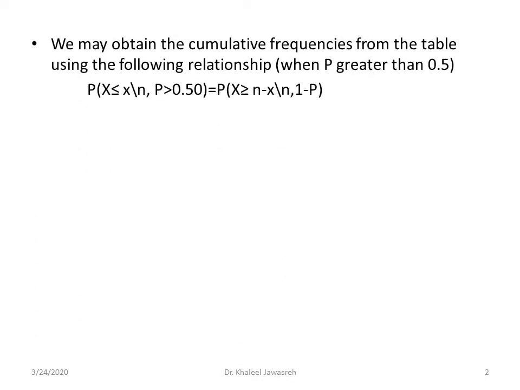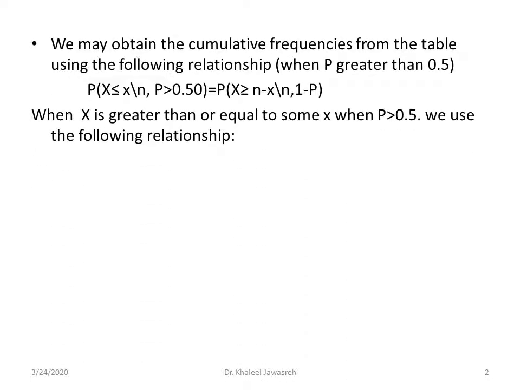Now we may obtain the cumulative frequency from the table using the following relationship. When p is greater than 0.5, the probability of large X less than or equal to x, given n, comma, p, equals the probability of large X greater than or equal to n minus x, given n and the failure probability, which is 1 minus p.